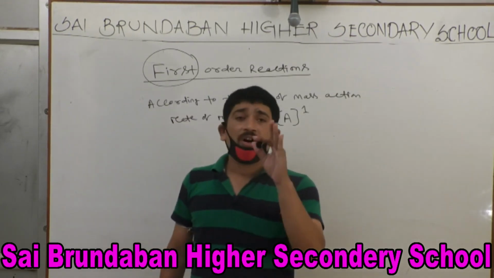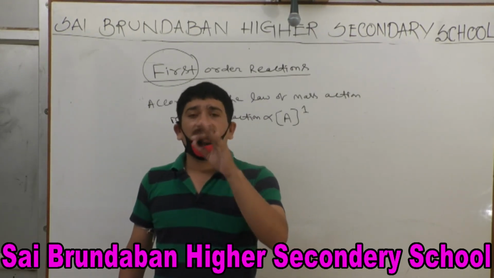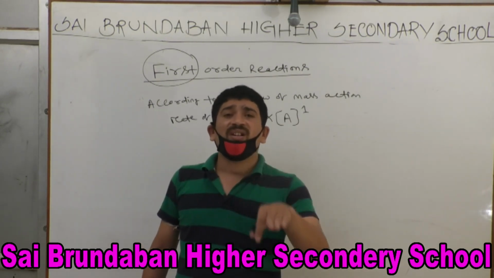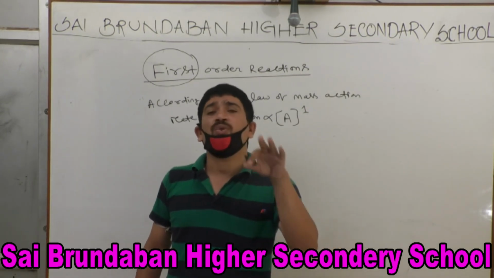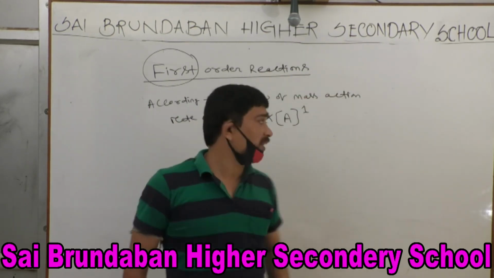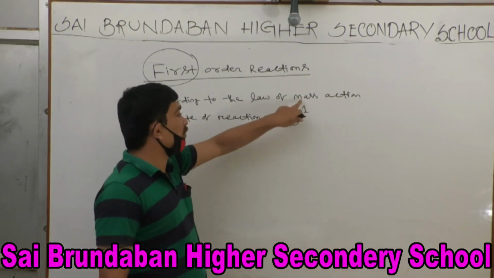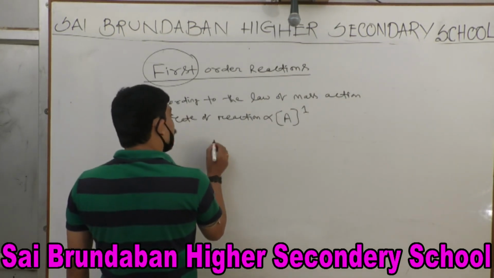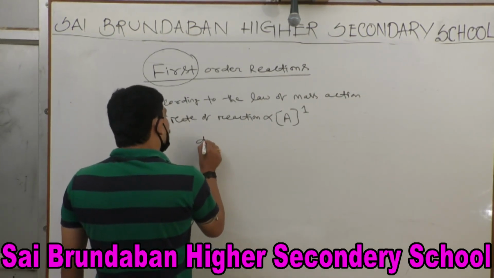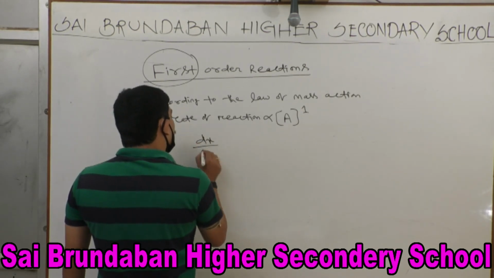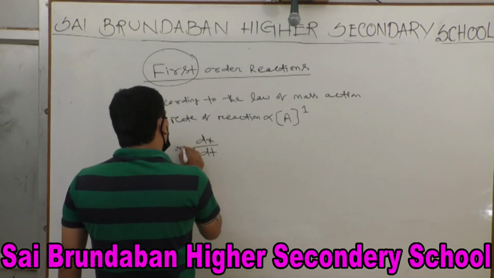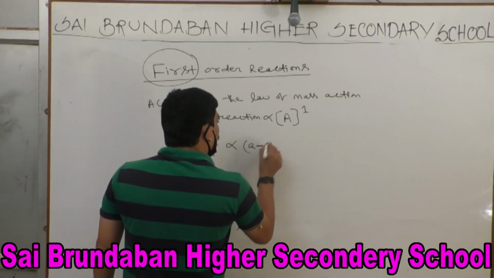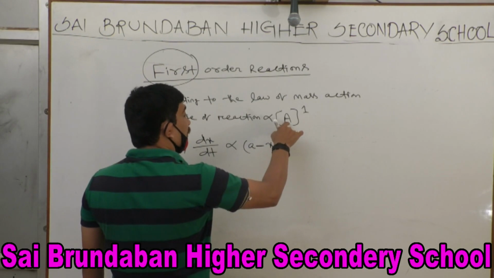We know that the law of mass action states that the rate of a chemical reaction is directly proportional to the product of the molar concentrations of the reactants, each raised to the power of its coefficient. Here the coefficient is 1, so 1 will remain as the power. So the rate of reaction, dx by dt, is directly proportional to A minus X. What is the concentration of A?